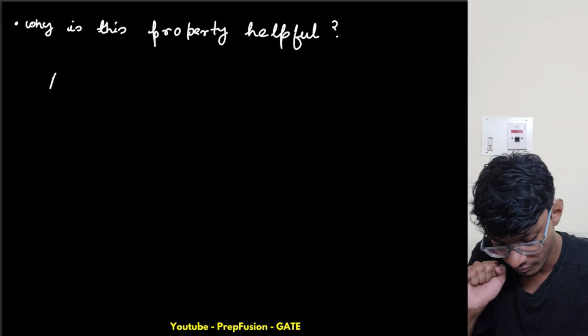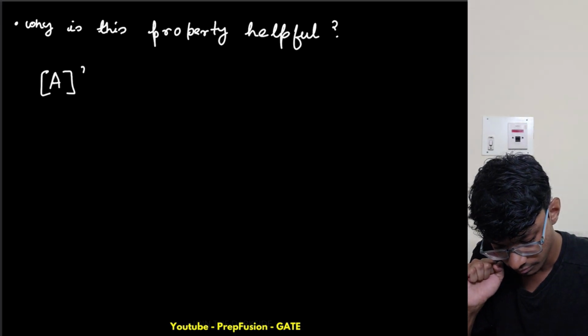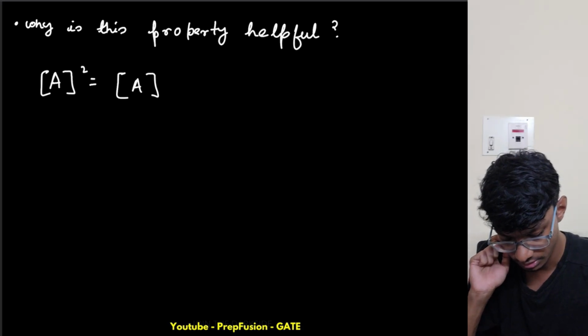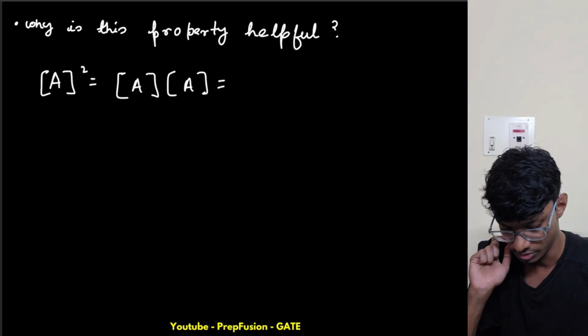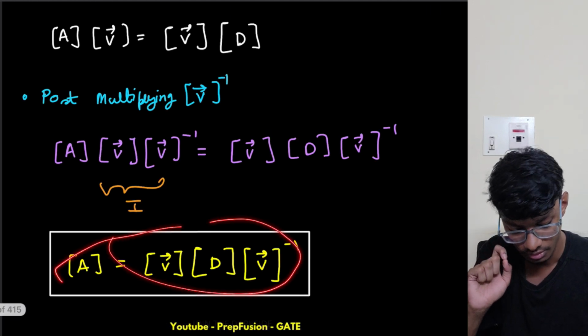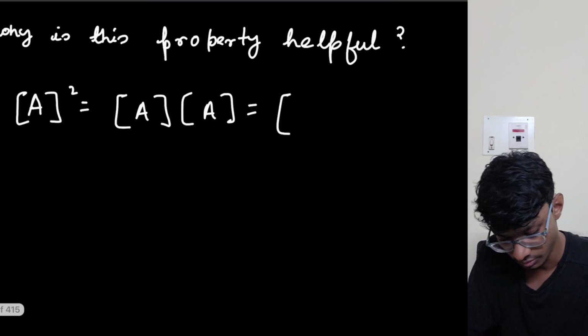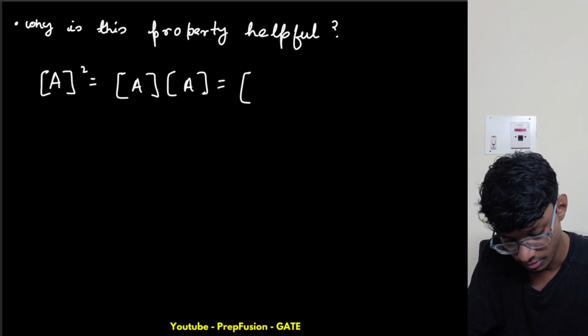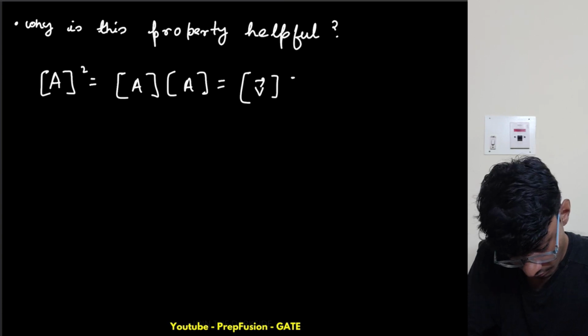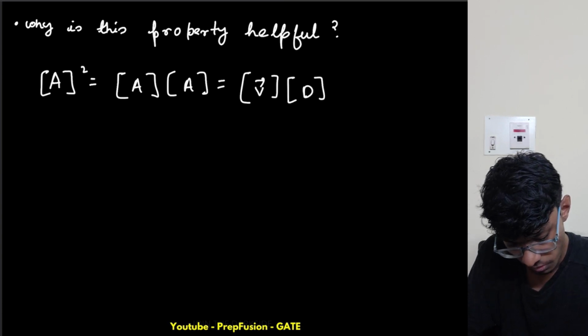Basically, if I want to find A square, I will break this down as A times A. Now what is A equal to? A is equal to V D V inverse.